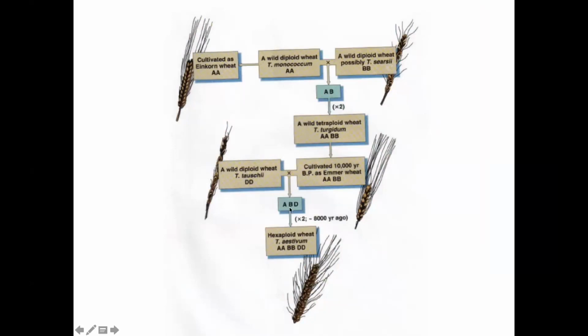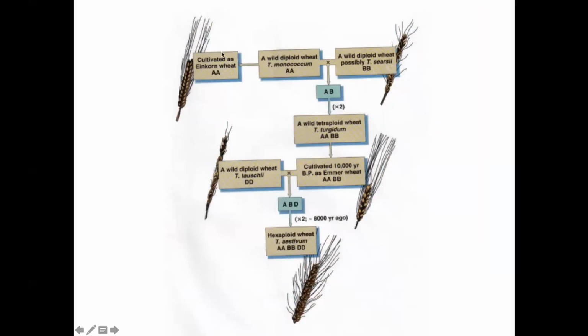But eventually, because of the benefits conferred by the allopolyploidy, humans selected for that form of wheat such that that is what is predominantly grown nowadays and consumed by humans in the present day. So this is how the process went.